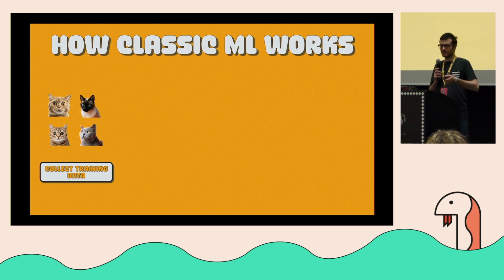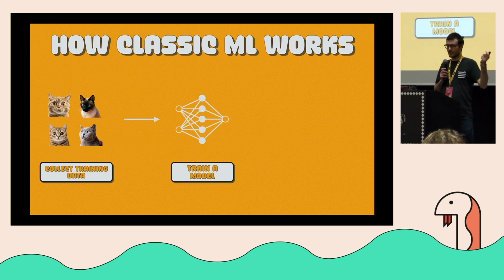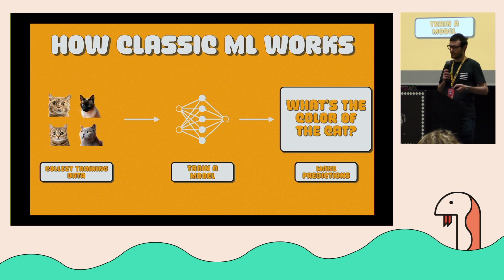So the first step is to collect some training data. In this case, we have some cat photos. We want to train a model, so we have to put this data on a server, and in the end we have our model that will predict the color of the cat in the image.